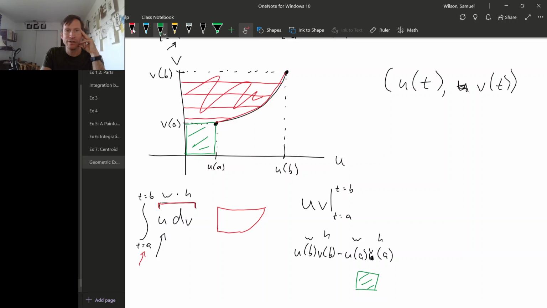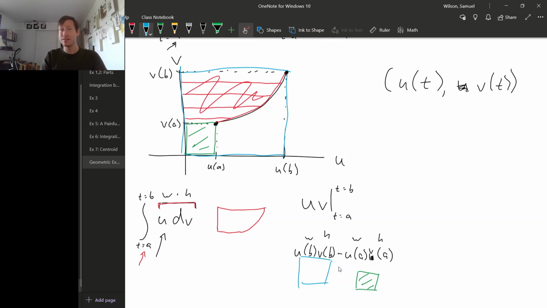Okay, what about u of b times v of b? In this diagram, there's a rectangle that measures u of b wide by v of b tall, and it's the whole rectangle like this. So that's this big rectangle.